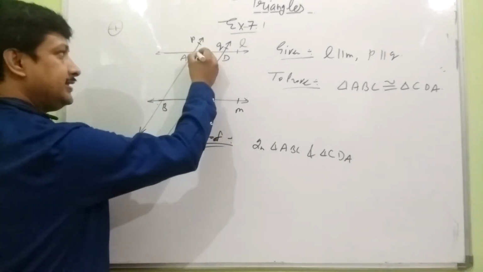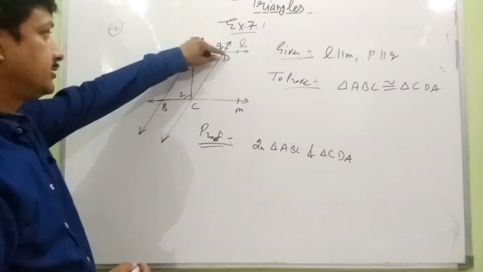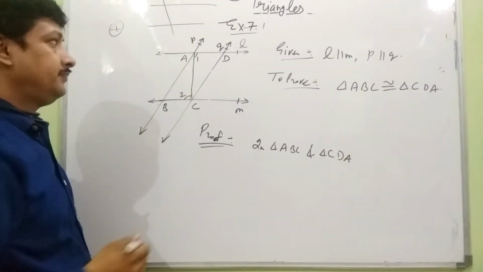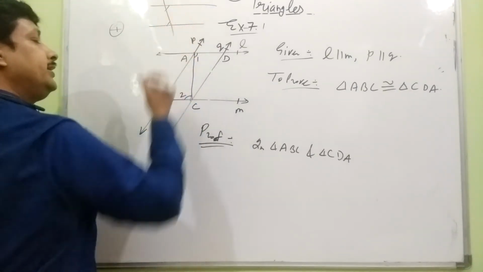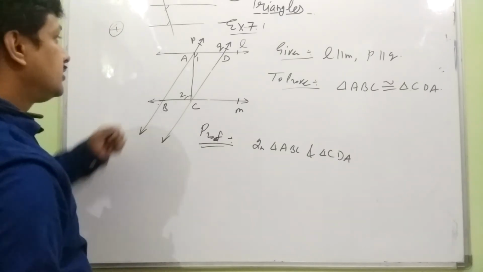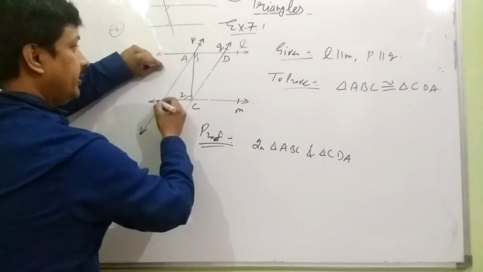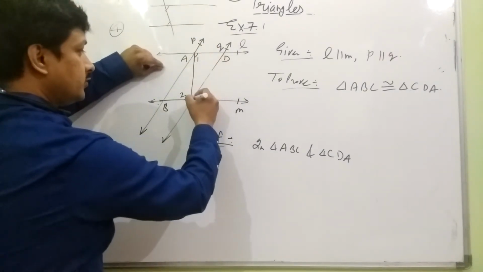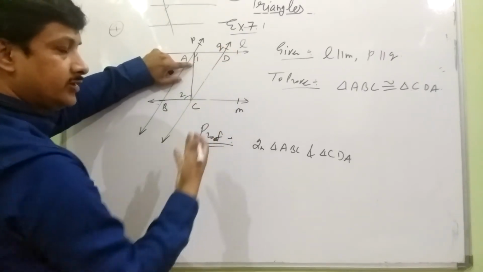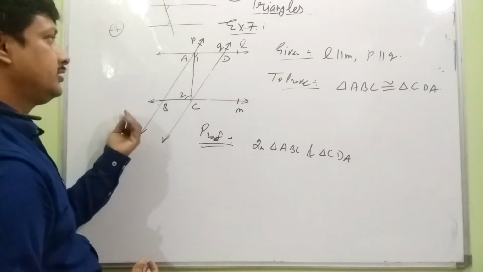So you can say this angle 1 is equal to angle 2, because if two lines are parallel and a transversal cuts them, then these two angles will be equal. Which type of angles are these? Yes, alternate angles. A Z is forming here. This angle is formed on the right side of the transversal, and this angle is formed on the left side of the transversal.